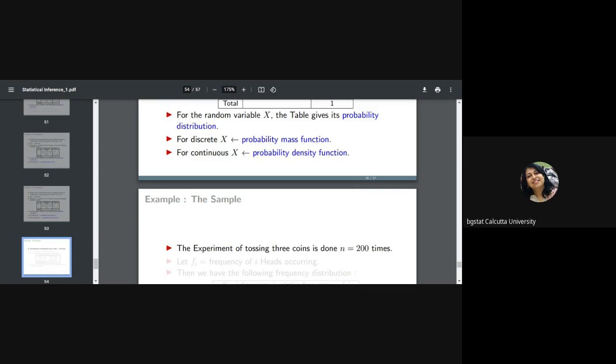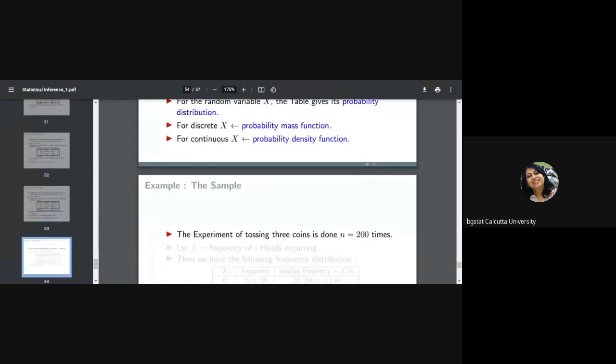In case of a continuous variable, we drew the normal distribution. So the function which we drew, if the underlying variable is continuous, is no longer called a probability mass function. It is called a probability density function. So we will come back later to probability density function. It will be the main topic of this class.